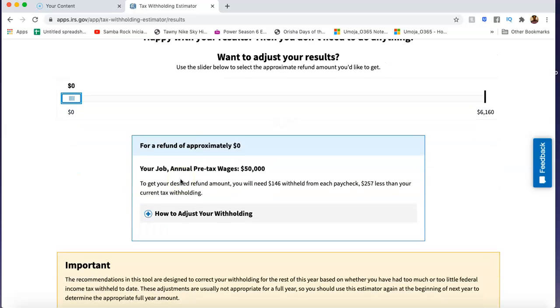So if you did do that, then they're saying that your taxes will go down from 403 to 146 per paycheck, and that would equal about $257 less than your current tax withholding. So that would be $500 back a month, just because of your regular situation. You don't have anything extra in this situation, right?